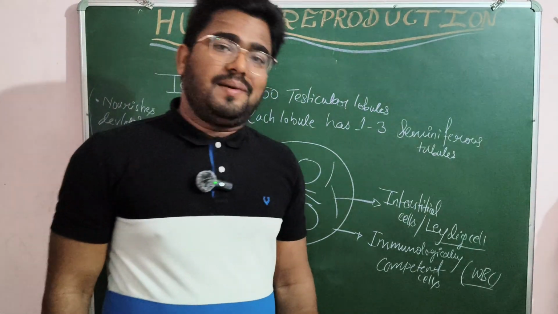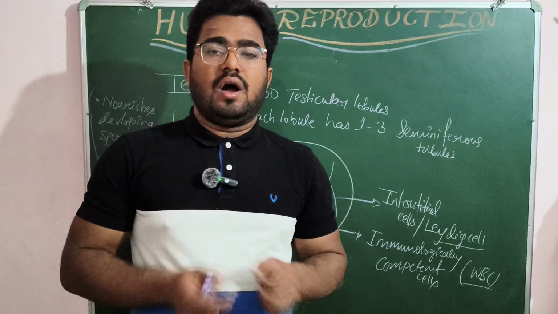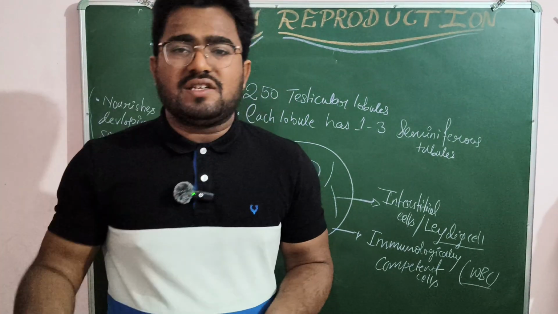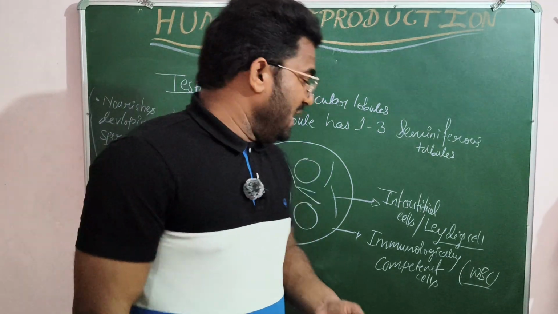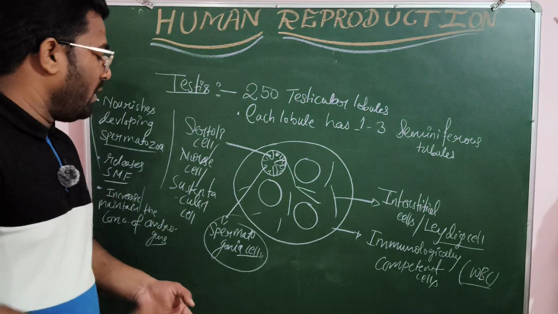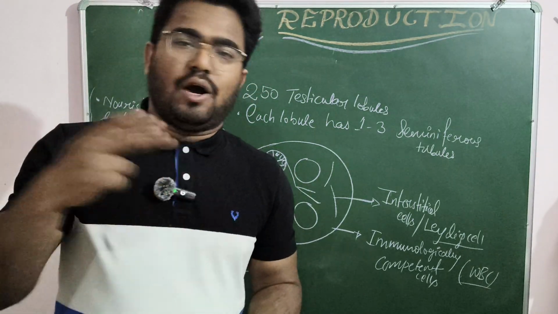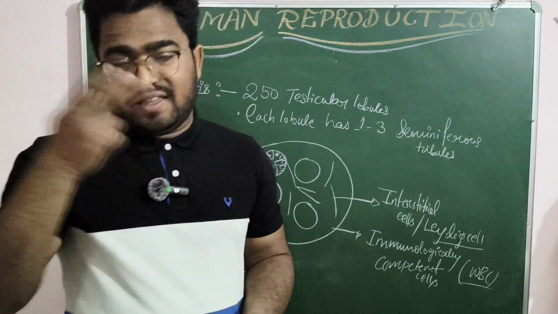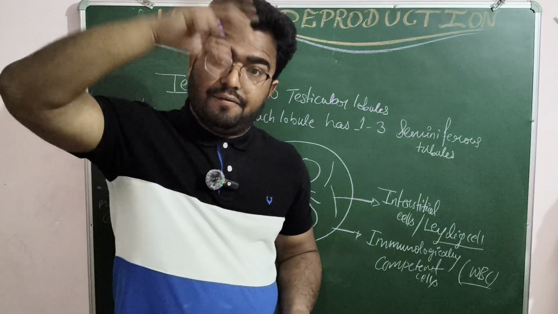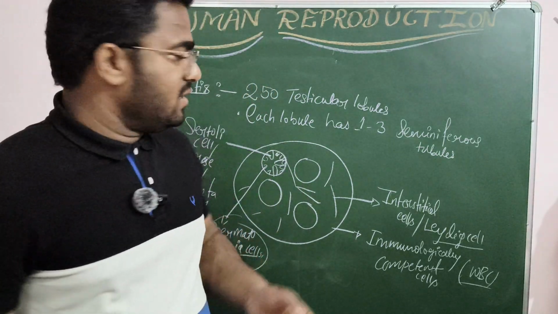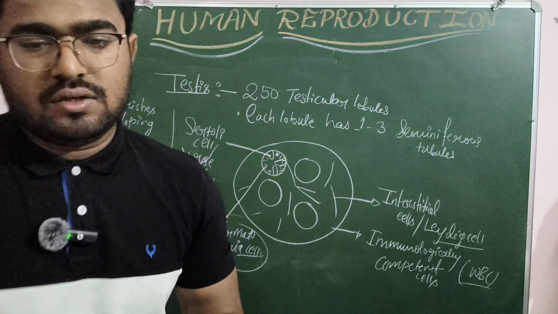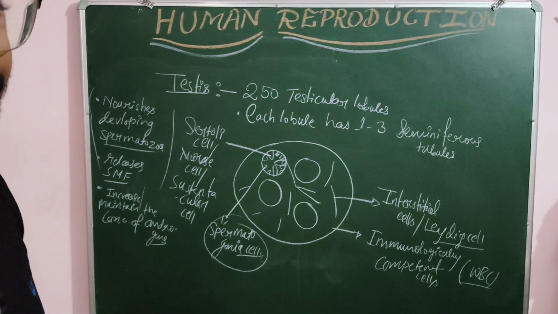If they are formed inside the seminiferous tubules, how are they transported outside the testes? We have to discuss what exactly the pathway of sperm cells is, from seminiferous tubule to outside of testes, or outside the male reproductive system to the female reproductive tract. So I am arranging this so that we can discuss further.